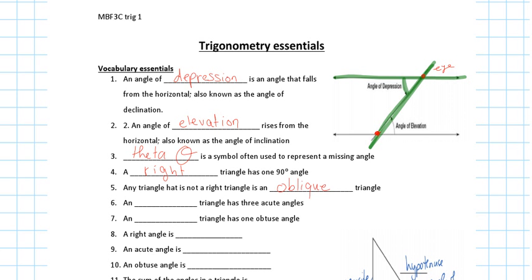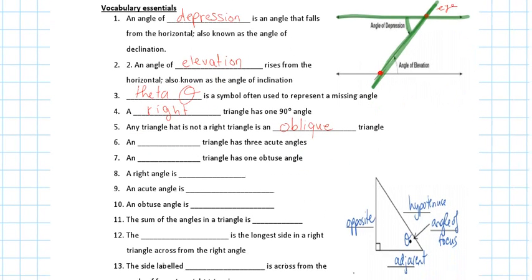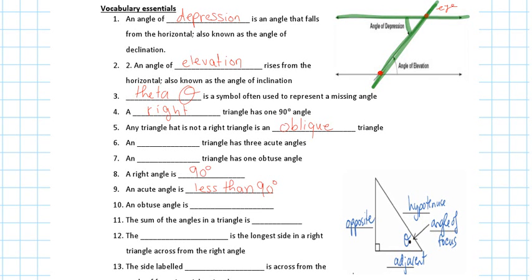So acute means, let's go back to this here. Acute angle is less than 90. A right angle is 90, yeah. And an obtuse angle is greater than 90.